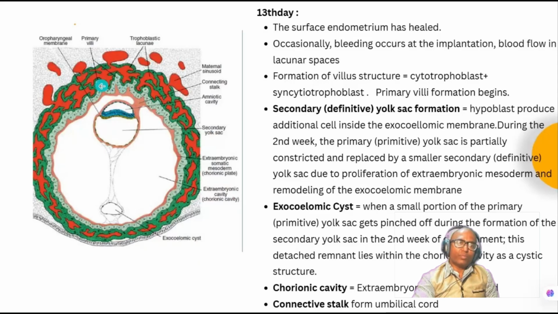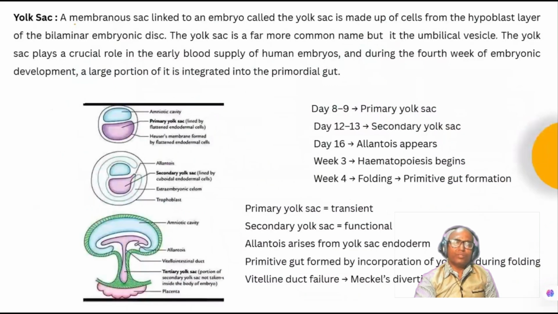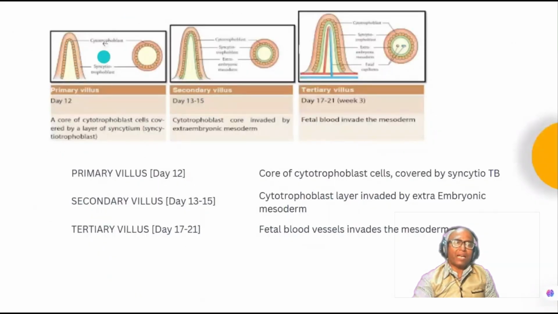You have a cytotrophoblast inside and covered by the syncytiotrophoblast. The outer dark green is the syncytiotrophoblast, and these are the spaces filled with maternal blood. The inside, the pale green color, is the cytotrophoblast. So these are the primary villi.